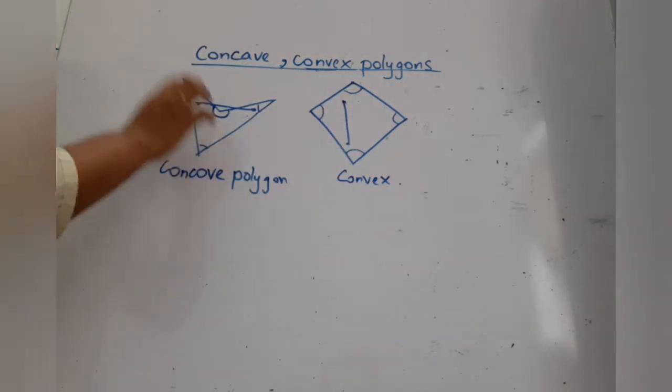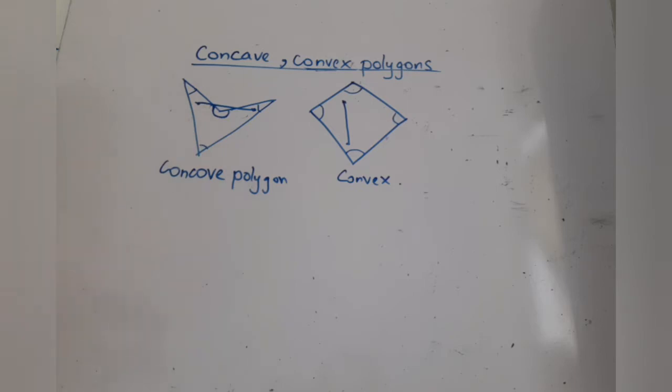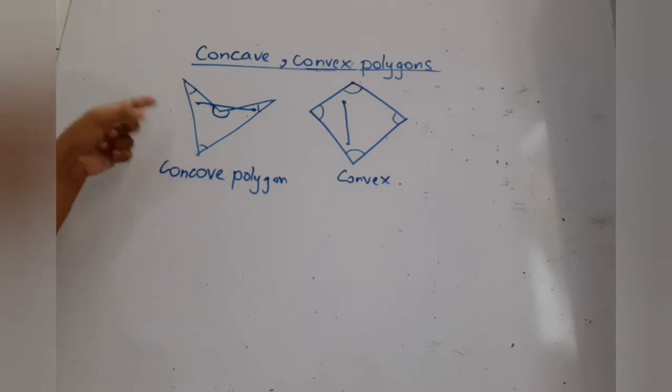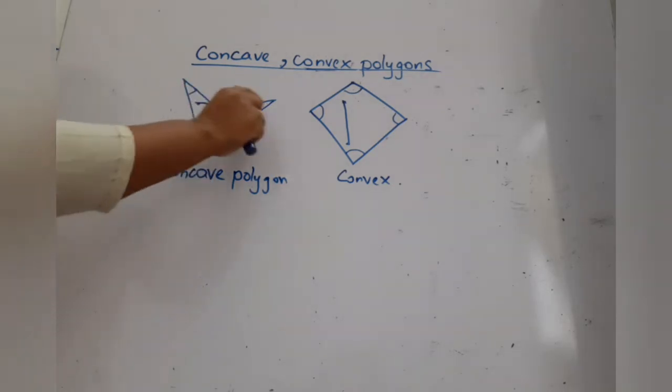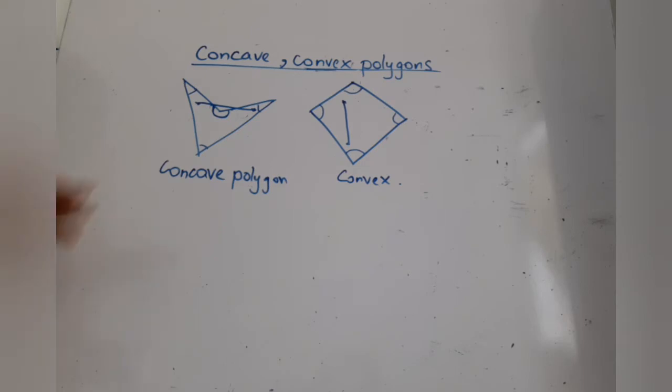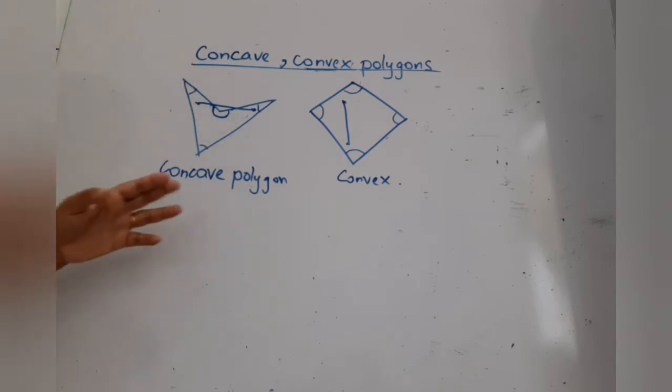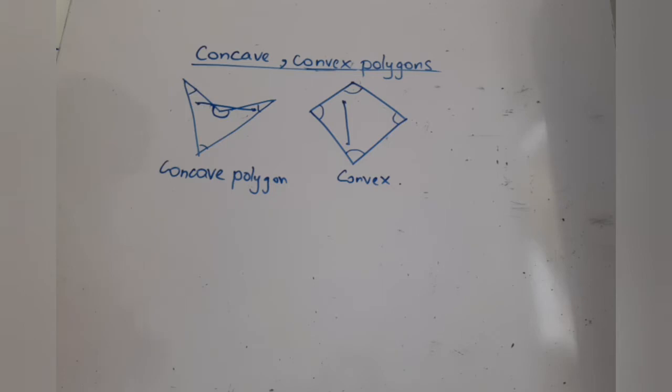So concave and convex polygons can be identified by these two methods. The first is if at least one interior angle is reflex, it is a concave polygon. The second is if joining any 2 points within the polygon goes outside the polygon, it is a concave polygon as well. You learned this in the previous grade as well. I just want to summarize it for you.